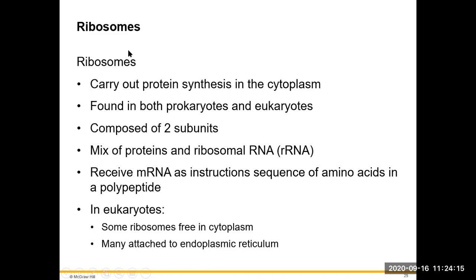Messenger RNA comes from the nucleus, and these ribosomes convert the messenger RNA to a polypeptide or a protein. In eukaryotes, some ribosomes are free in the cytoplasm, and others are attached to the endoplasmic reticulum, especially the rough endoplasmic reticulum.